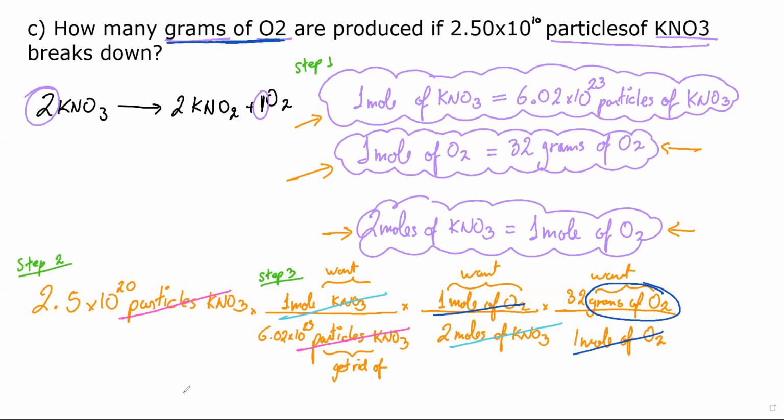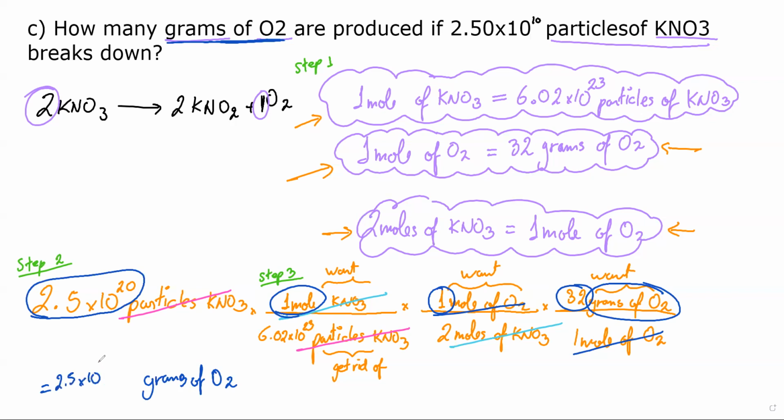Perfect. So the answer is going to be in grams of O2. And for the number, let's just multiply the numbers on the top: 2.5 times 10 to the 20 times 1 times 1 times 32.